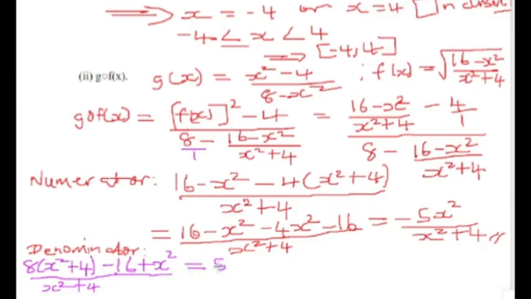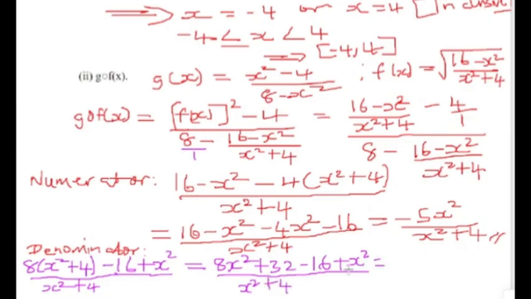So let's open this up. I'm going to have 8x squared plus 8 times 4 is 32, minus 16, plus x squared, everything divided by x squared plus 4.